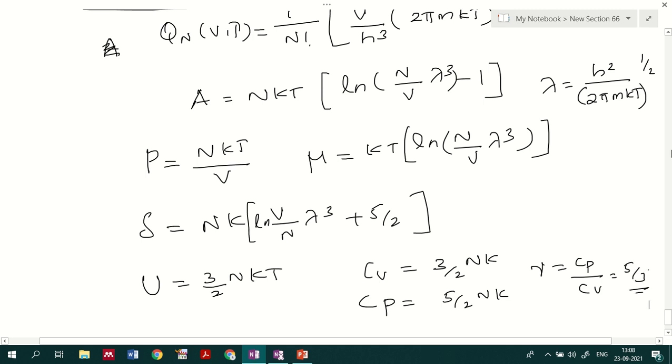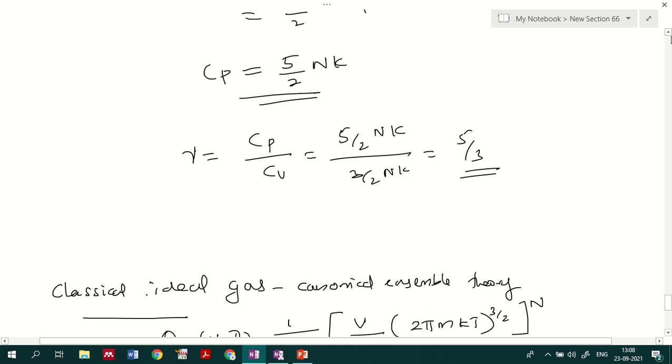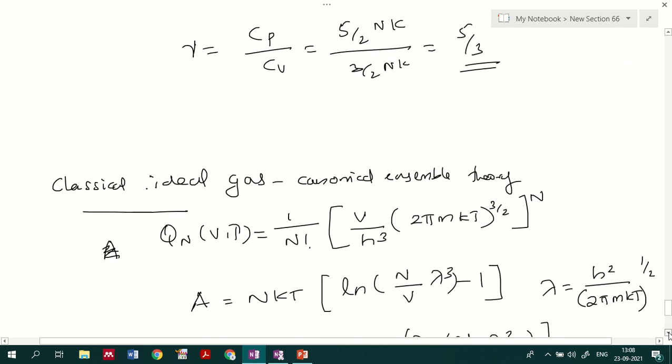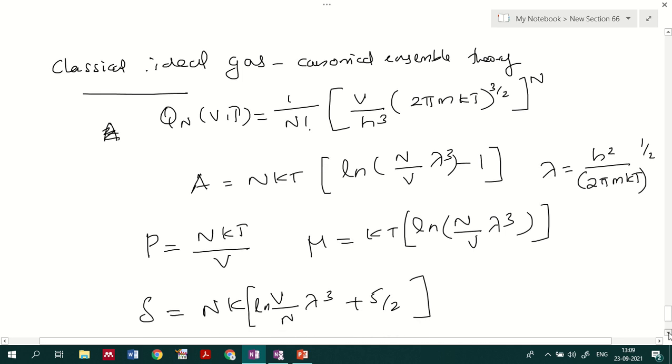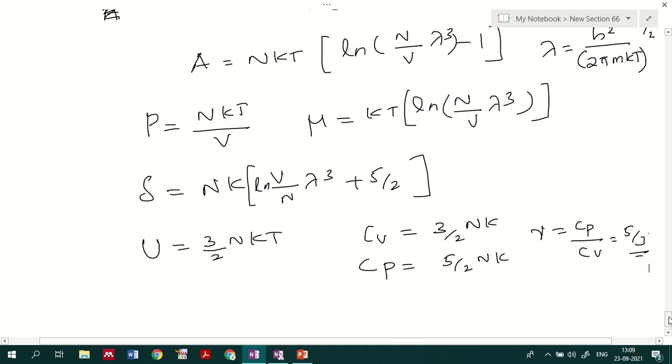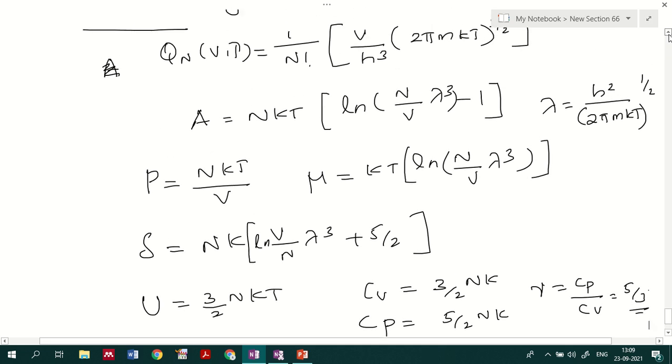Now if you look into the entire case, by canonical ensemble theory, all the parameters we got here are exactly what we got for an ideal gas in the case of microcanonical ensemble theory as well.